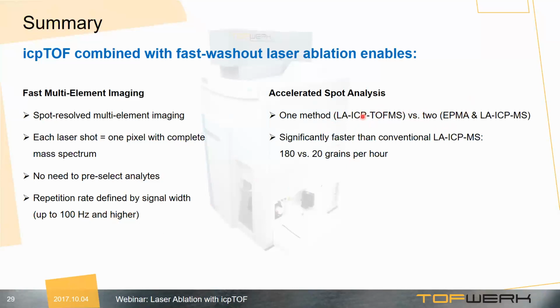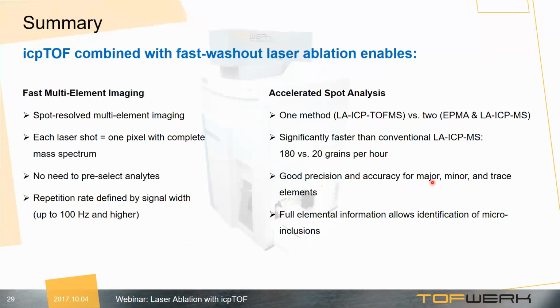If you compare the method of LA-ICP-TOFMS directly to conventional LA-ICP-MS, we were a factor of 9 faster, so that you can actually analyze 180 grains per hour instead of just 20. And I think we had good precision and accuracy for major, minor, and trace elements. And because we also have full elemental information, you can also go back and identify micro-inclusions in your samples that perhaps you did not expect.